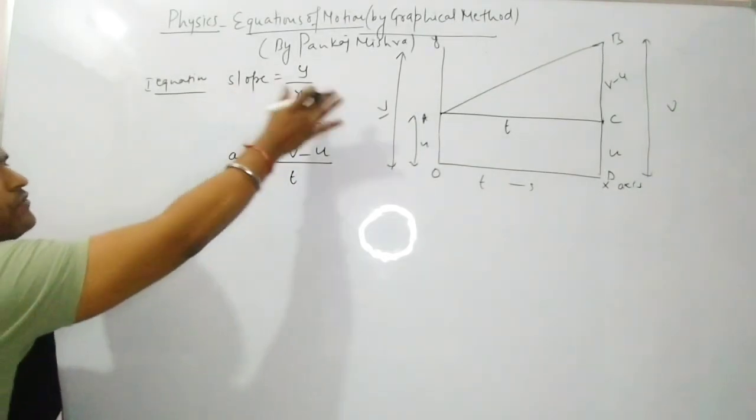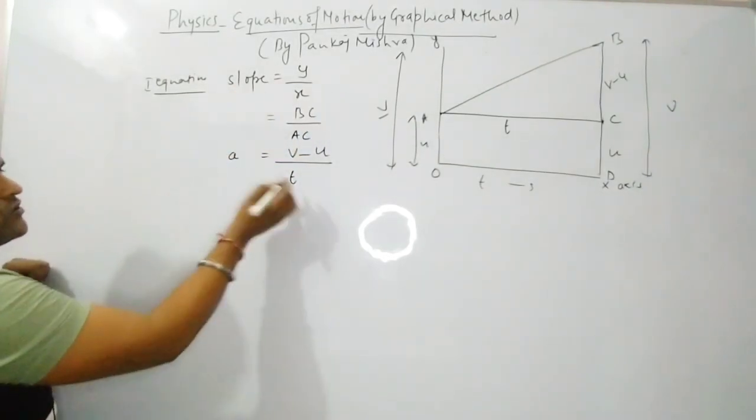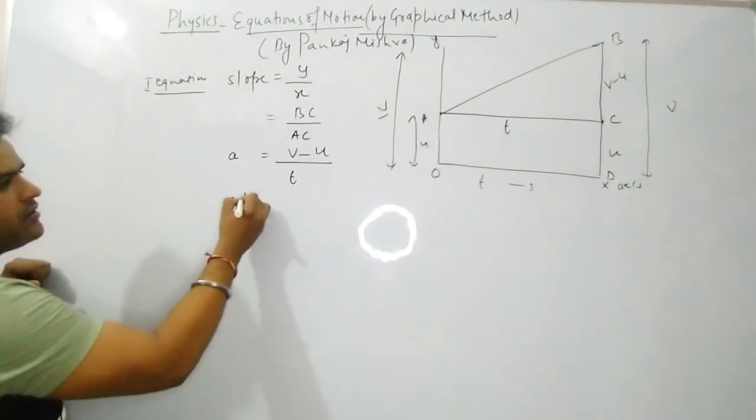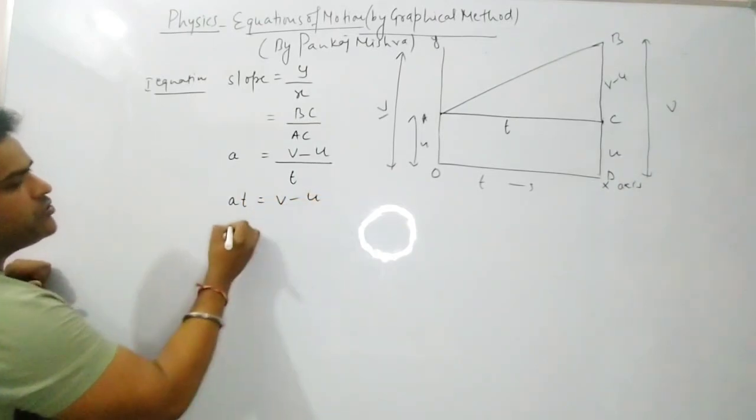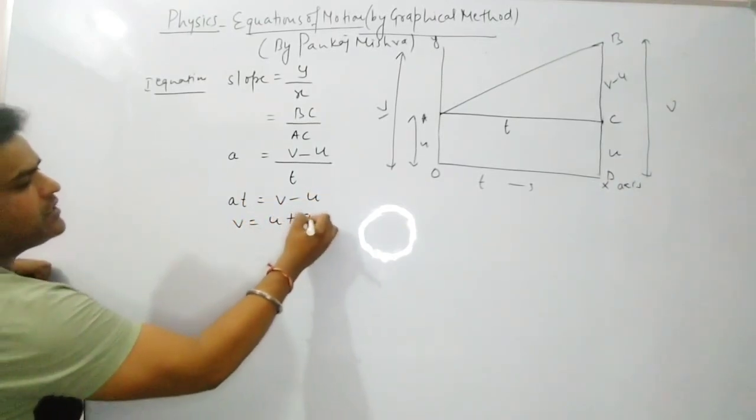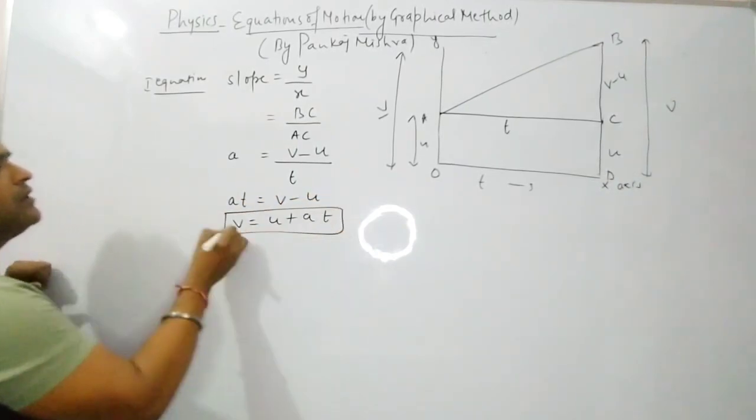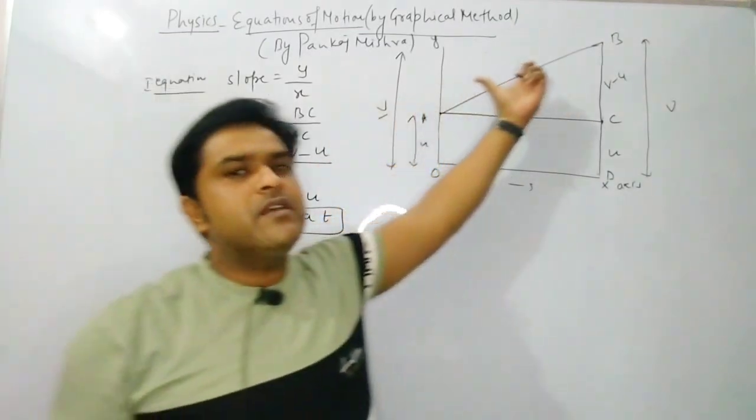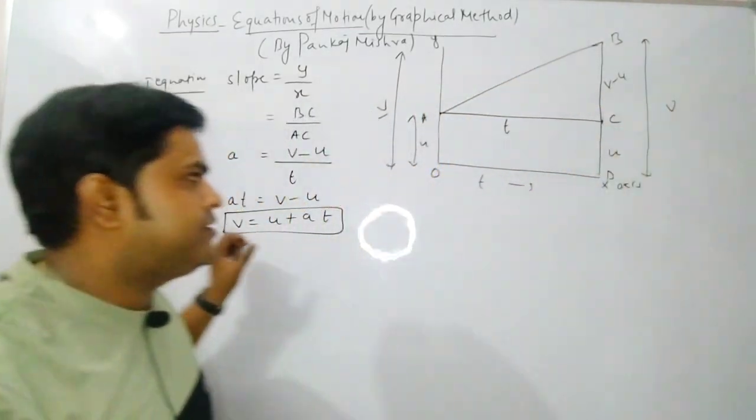So from this slope, we will get acceleration. When we cross multiply it, this will become V minus U equals AT, so V is equal to U plus AT. So from the graph, with the help of the slope, we can derive the first equation.